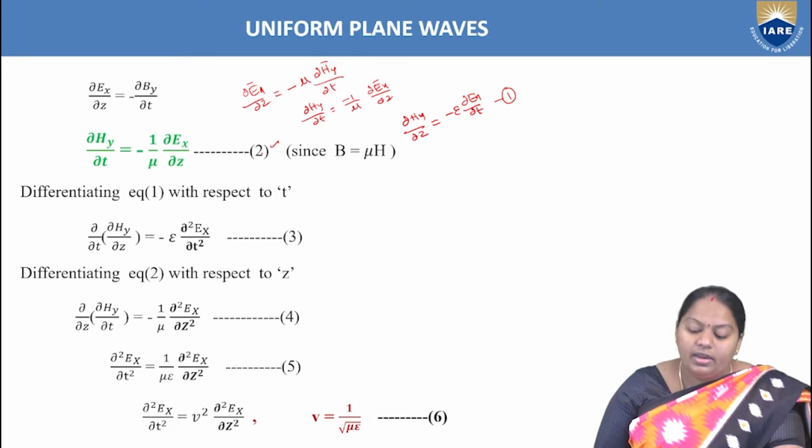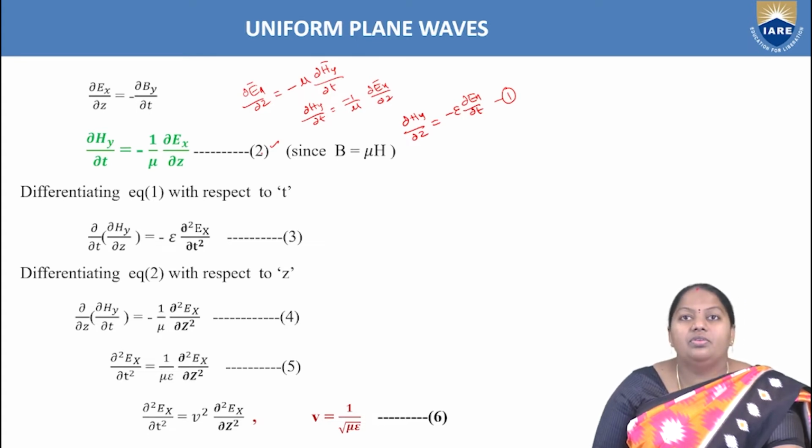So, in order to simplify the uniform plane wave equation, or electromagnetic wave equation, we are going to consider equations number 1 and 2 by equating either the LHS parts or the RHS parts.